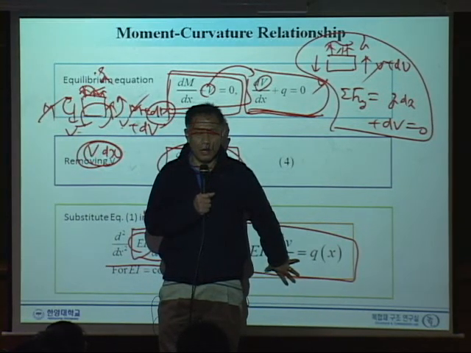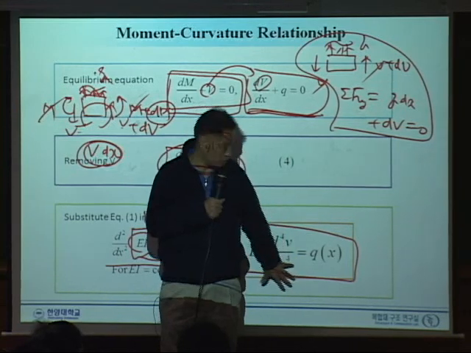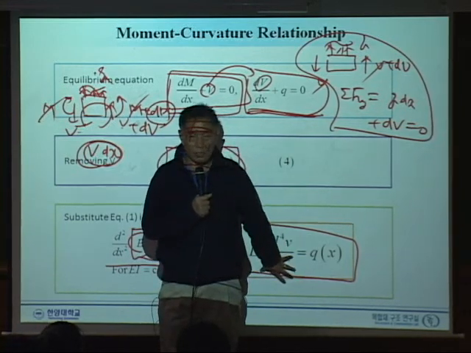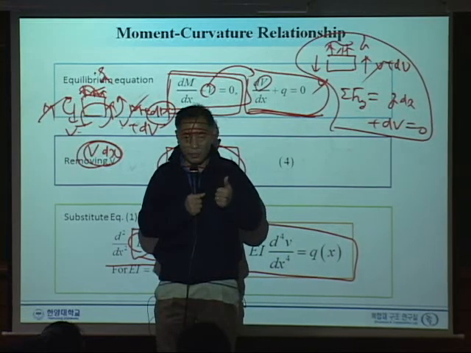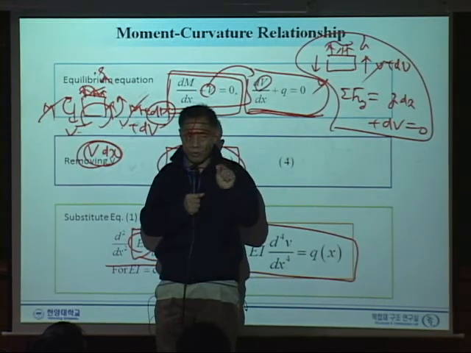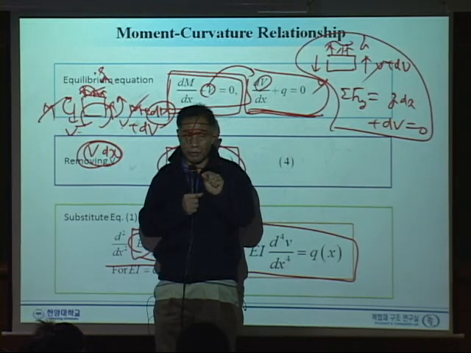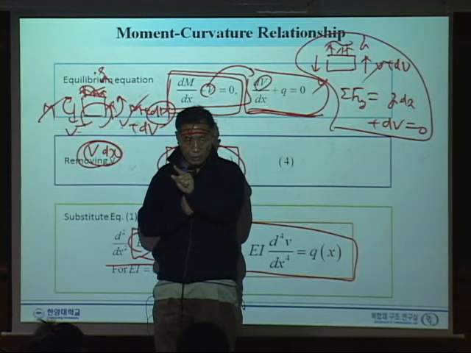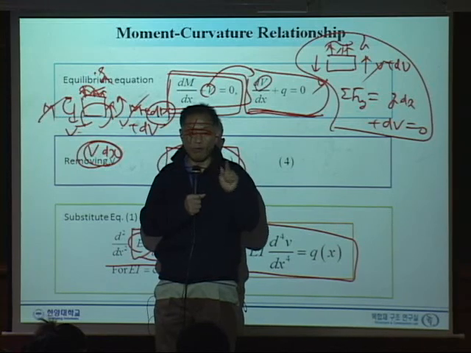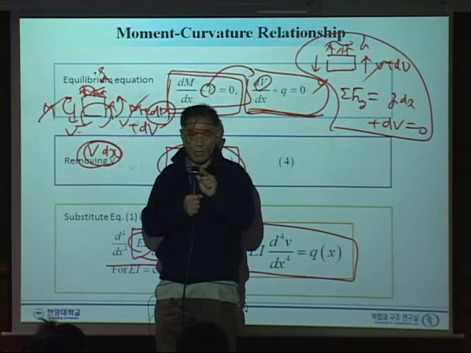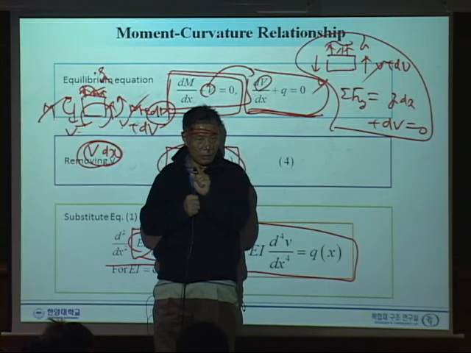How did we derive this equation? First, the moment and curvature relation, and curvature is a function of deflection. Okay, combining them, moment equals EI V second derivative, right?